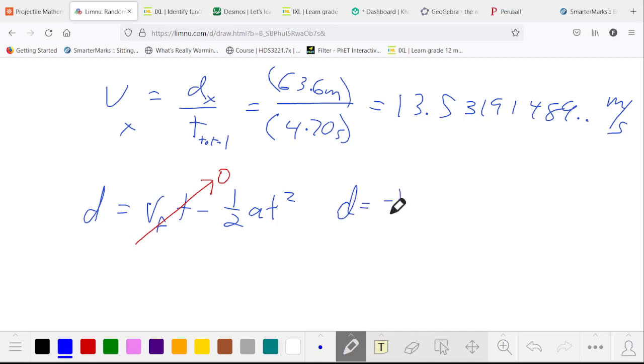When it's at the highest point, the vertical component of velocity is 0. So d is negative 1/2 times an a of negative 9.81 meters per second squared. And our time to get halfway there is 2.35 seconds, which we need to square.